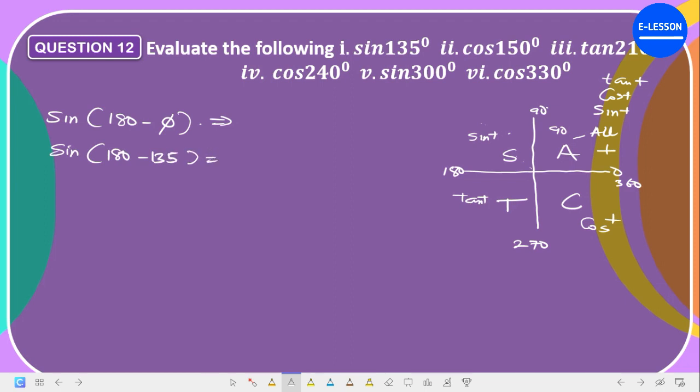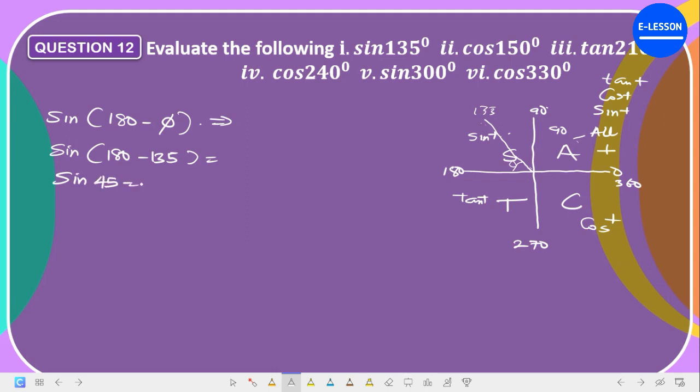We are looking for the angle this makes with the second quadrant. So 180 minus 135 is 45 degrees.